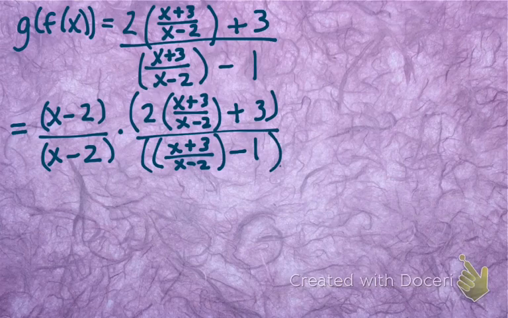So when I distribute, what's going to happen is that I'm going to multiply the x minus 2 times x plus 3 over x minus 2 and make the x minus 2's cancel.